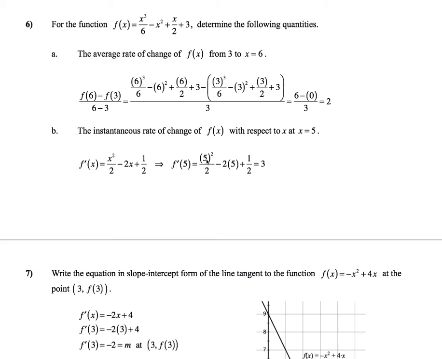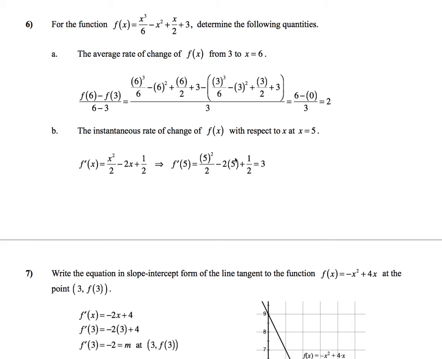5 squared is 25, and so we have 25 over 2. Negative 2 times 5 is negative 10, and of course that's negative 20 over 2. And then when you subtract 20 from 25, you have 5 over 2, and you have 1 over 2 here.